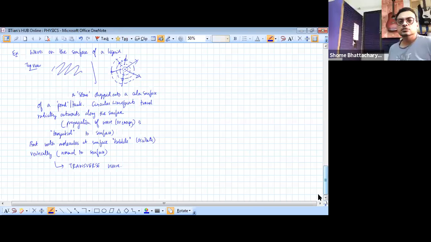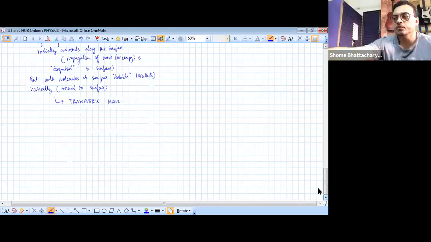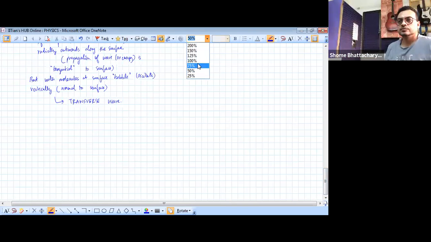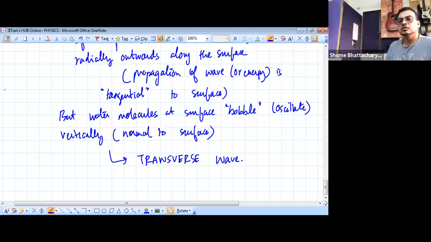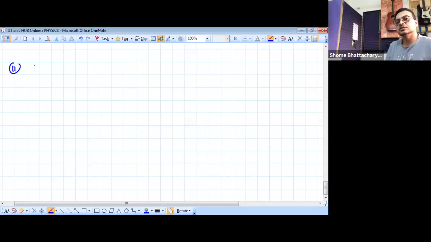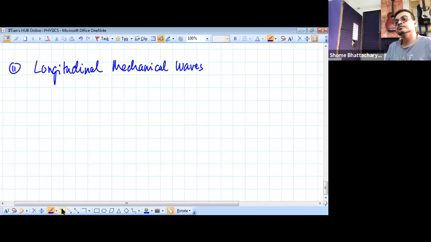Okay, so hope this example is clear. Now from this, next thing we'll see is the second type of waves, which are called longitudinal mechanical waves. Okay.